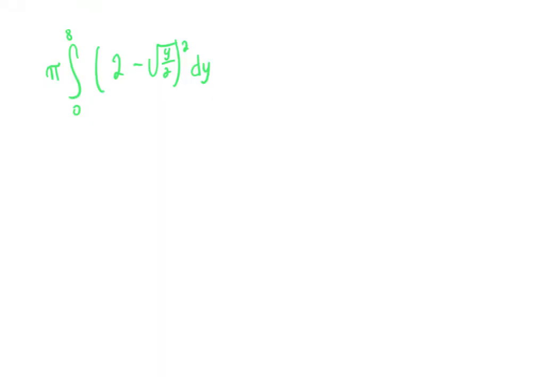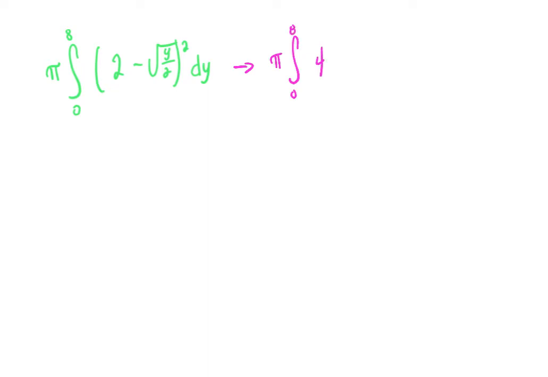Only algebraically is this more work. Calculus-wise, we're pretty much done as far as once you have the setup. You just have to do the algebra piece and take the antiderivative. But the algebra piece is a little more difficult. So the first thing you want to do is simplify the function itself before you actually take that antiderivative.